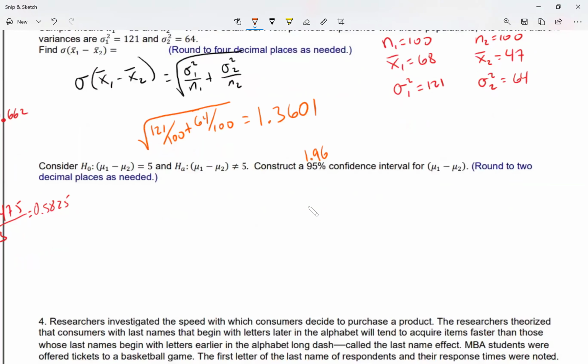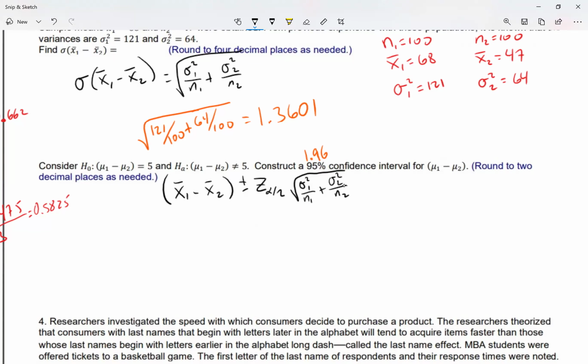Okay, so my formula I'm going to use for this is the sample mean of 1 minus the sample mean of 2, plus or minus my z-score, which I know is 1.96, times the square root of the variance of sample 1 divided by n1 plus the variance of sample 2 divided by n2.